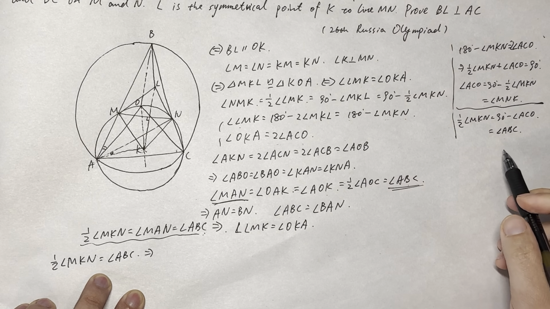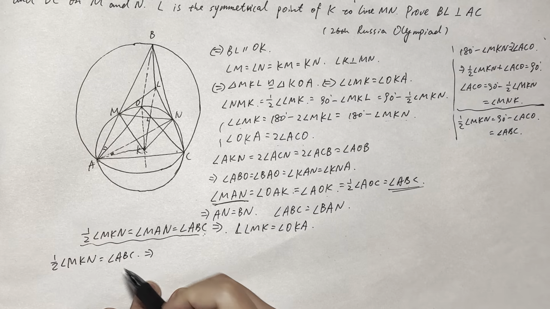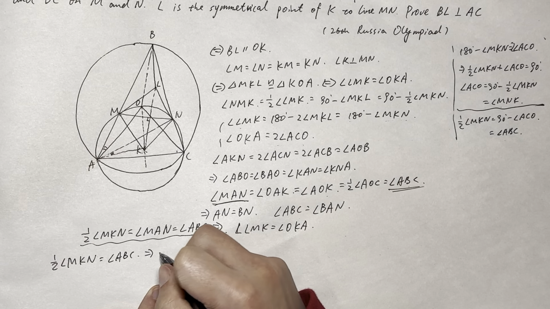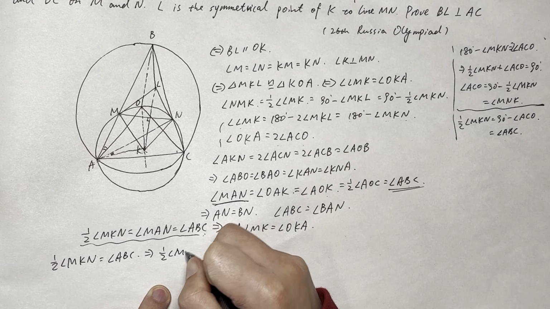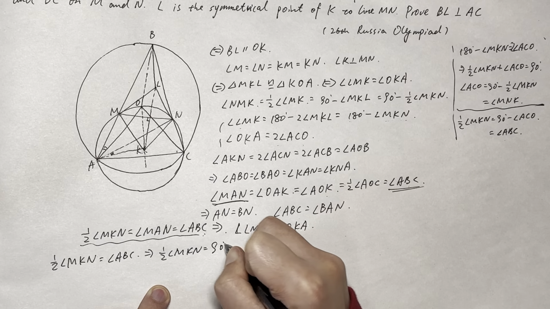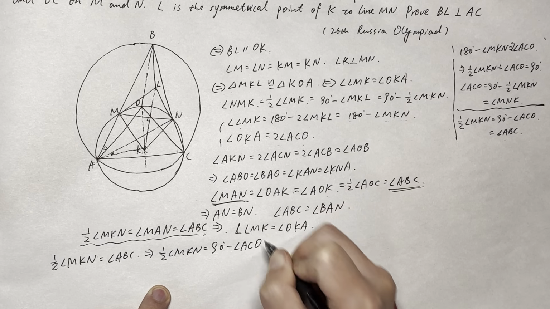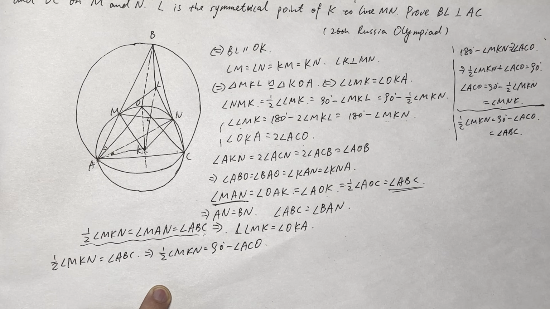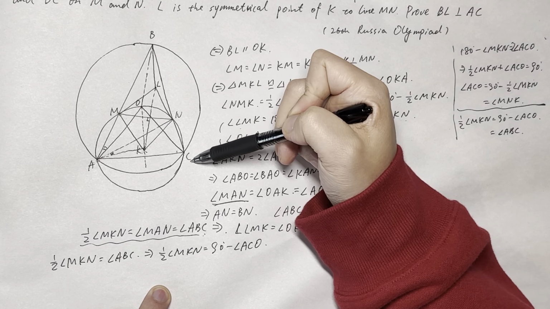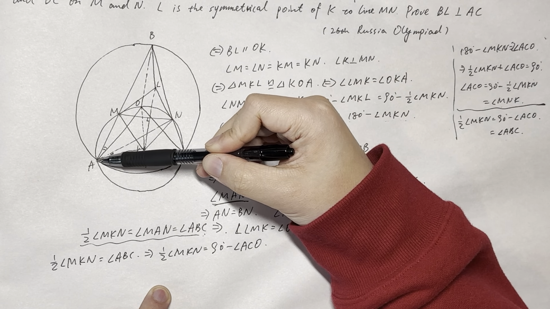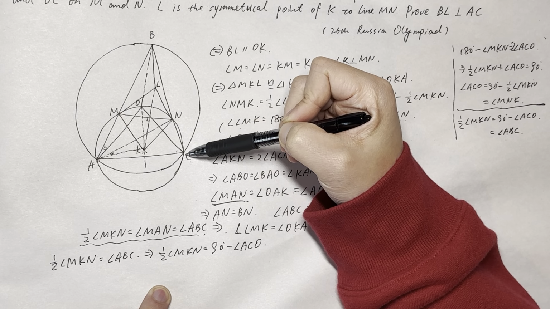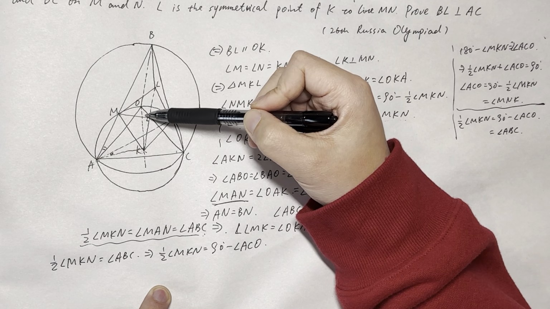because we already know that angle ABC can be rewritten as 90 degrees minus angle ACO, right? Angle ABC can be rewritten as 90 degrees minus angle ACO, right?